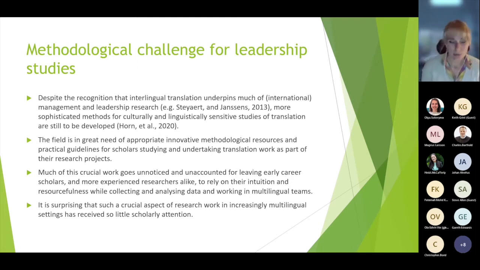This is placed in the context of, in our view, continuing methodological challenges for leadership studies. Again, the arguments are not new, that leadership studies over-relies on standard interviews. We've seen research in this session that is more innovative, that looks at observational as well as conversational methods.